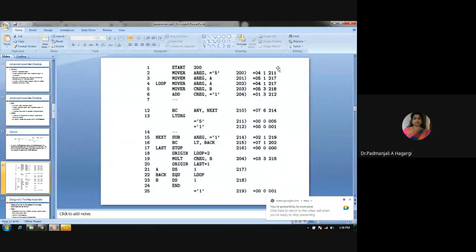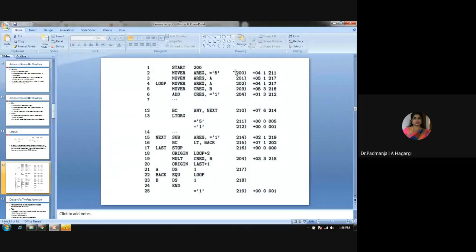Now let us solve the processing of the object program. Here the program is started at the 200 location, and the location counter also processes. How does the object program look? MOVR is the category of code.